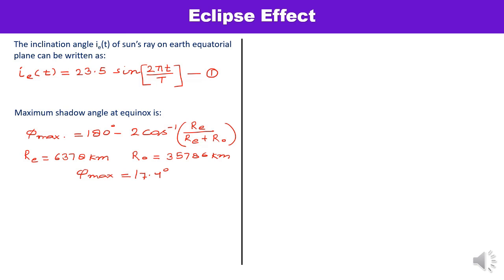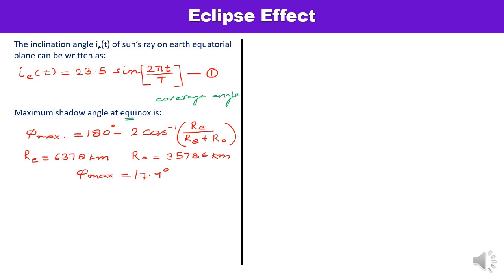The maximum shadow angle at equinox can be calculated from the formula 180 degree minus 2 cos inverse Re upon Re plus R naught, right? It is the same as the coverage angle. You must remember there is no difference between the coverage angle and the maximum shadow angle.